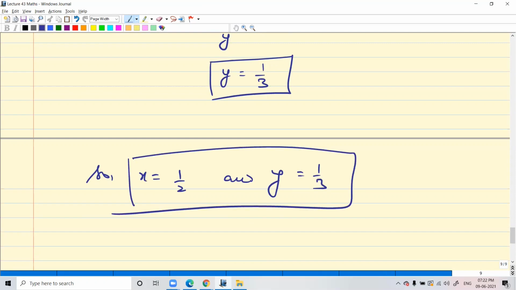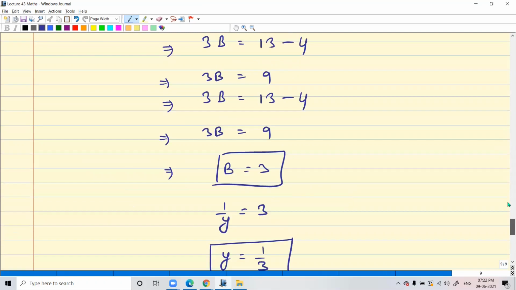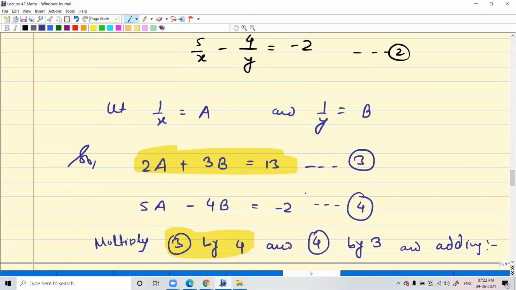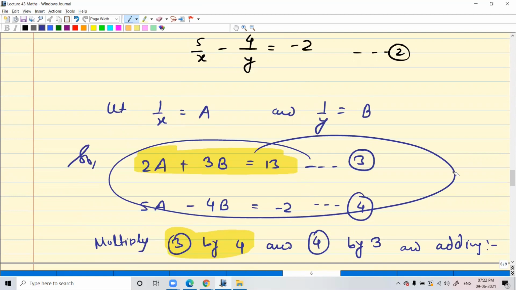So you see, you saw what happened in this question, right? They had not given us the proper form, but we did a cheating. Whatever they gave, we interchanged with some other variable. 1 by x they gave, we didn't want it, so we changed it to another variable a. And 1 by y we changed to b. After doing that, it started looking like our pair of equations in two variables.